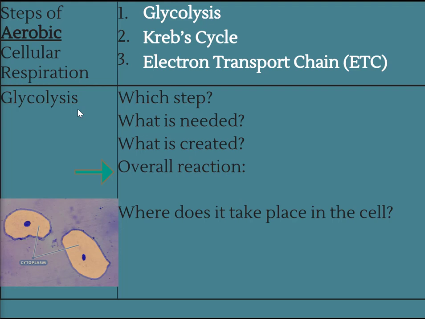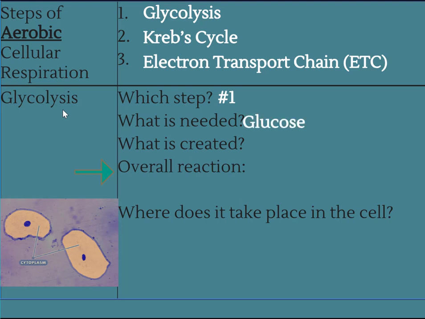So our first process of cellular respiration, again, this is how our bodies are going to be getting energy. The first step is going to be glycolysis. So this is step number 1. In order for this step to happen, we need glucose. So again, glycolysis, glucose, both start with G's. So our body is going to take this glucose and we're going to break it down.